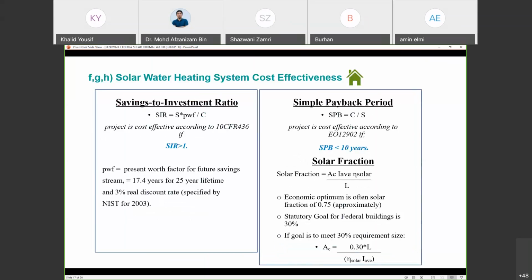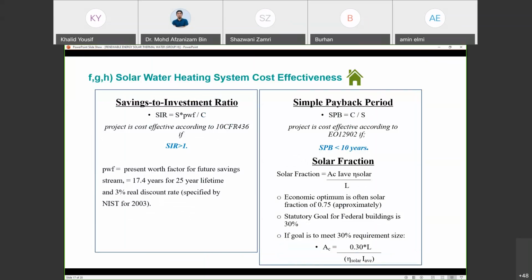For the last part, it's savings to investment ratio and payback period. For the savings to investment ratio, it is S times PWF, which is the present worth factor, divided by C, which is solar system cost.